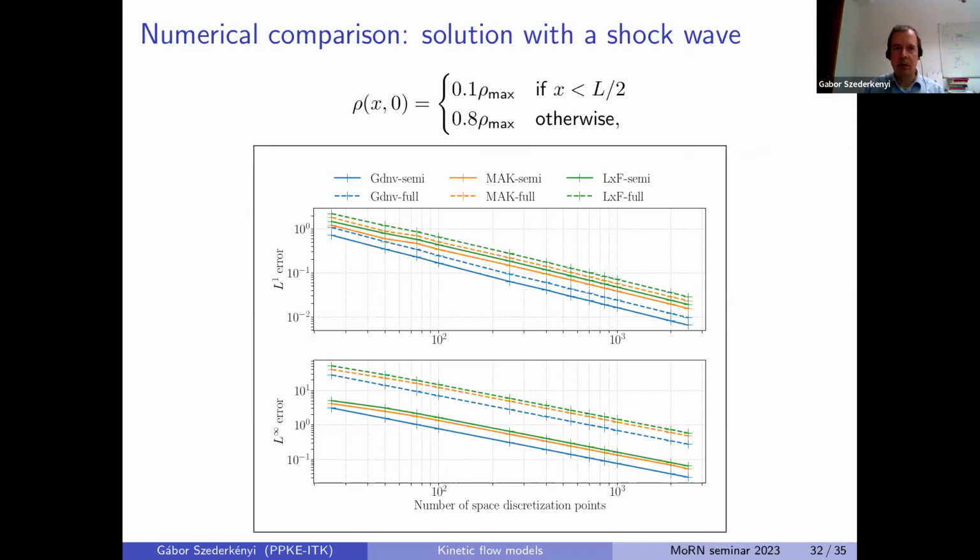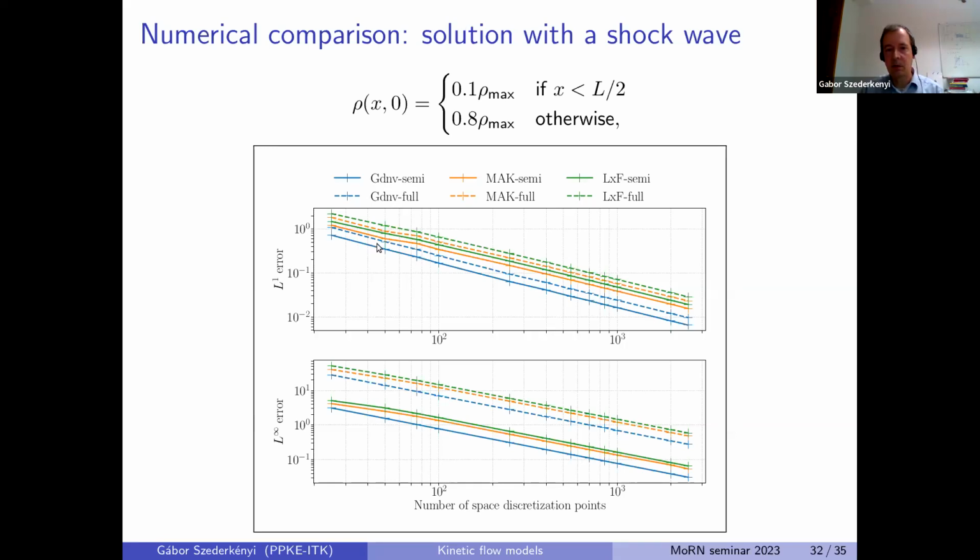We did some numerical comparison, and from this you can see that the x-axis is the number of spatial discretization points, and this is the L1 error of the solution and the L infinity error of the solution. They are not much different, and we compare different discretization schemes. So this is the Godunov, which is known to be the best. The semi-discretization is ODE, and the full discretization is also time discretized.